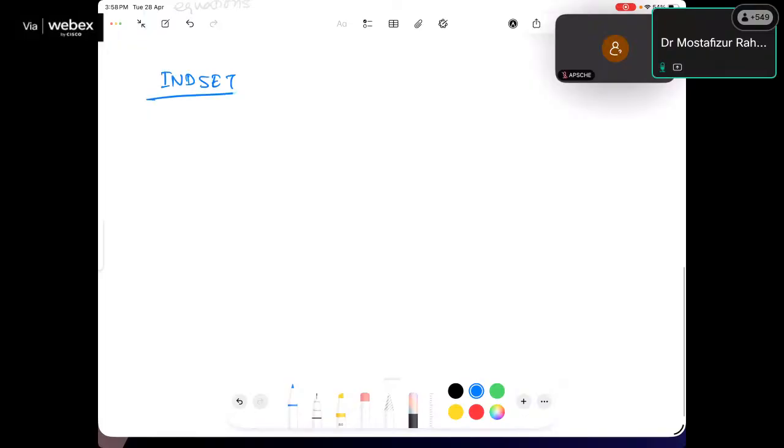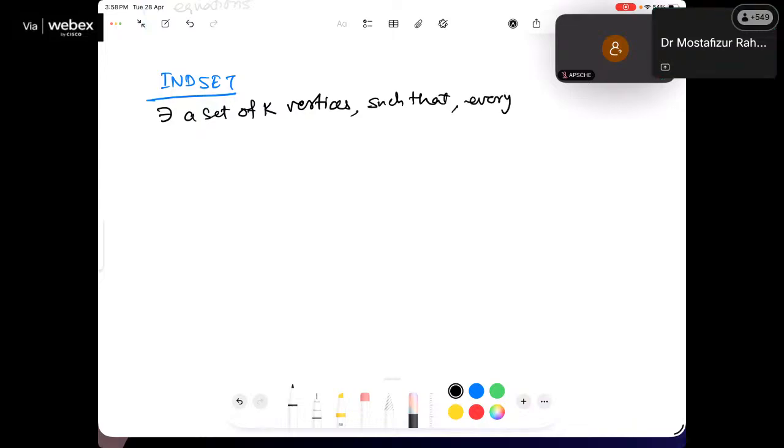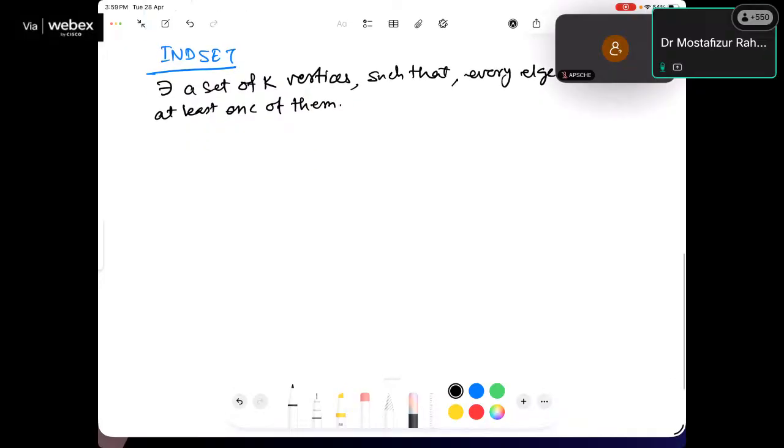IND set problem: does there exist a set of k vertices such that every edge touches at least one of them? This kind of independent set also has categories.